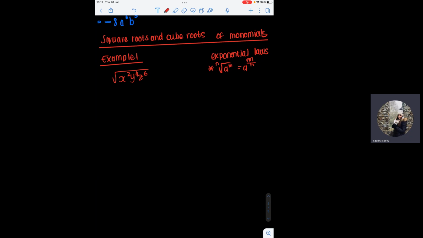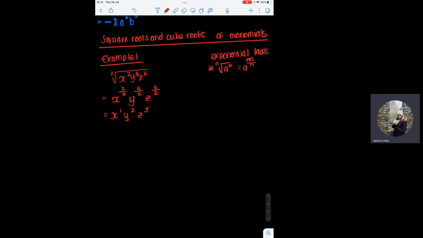For instance, I know this is a square root, so that root is 2. So I'm going to take x, 2 divided by 2, y, 4 divided by 2, z, 6 divided by 2. And now I can simplify that. So x, 2 divided by 2 is 1. Y, 4 divided by 2 is 2. And z, 6 divided by 2 is 3.